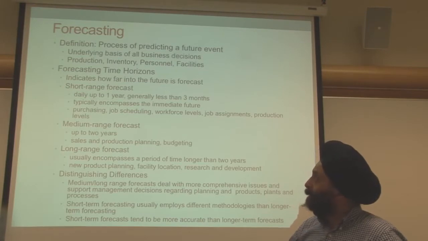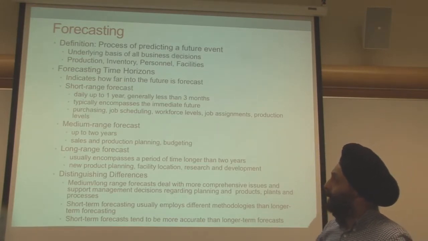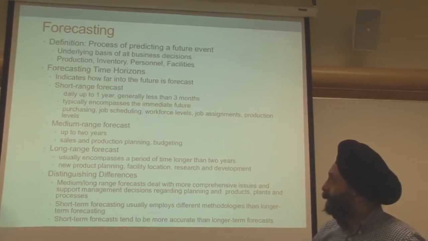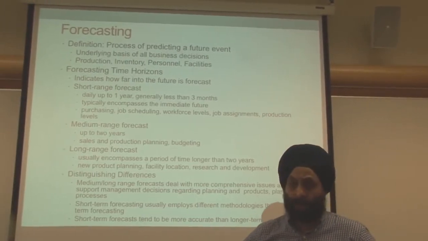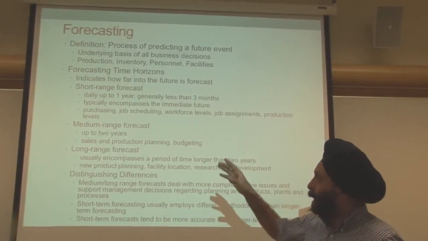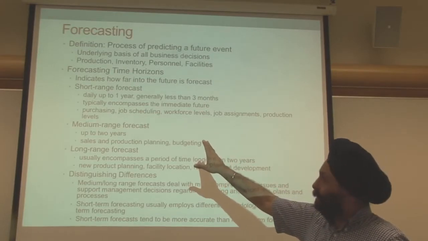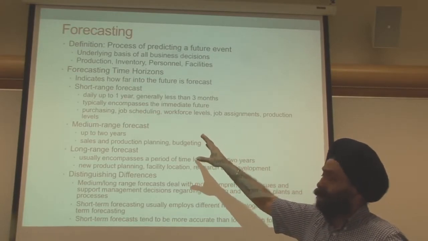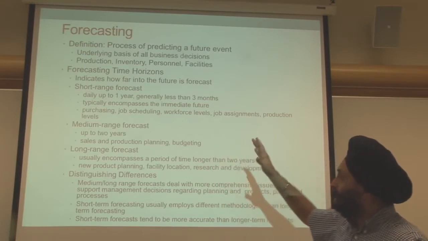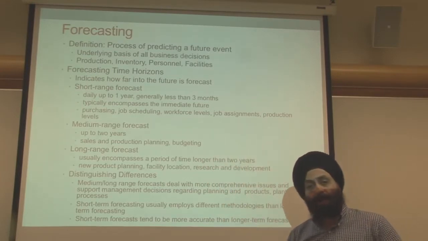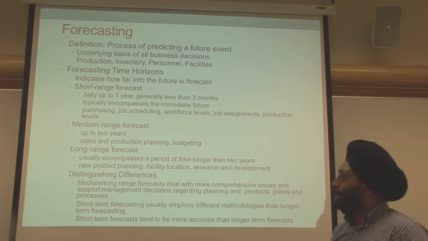Forecasting time horizons indicate how far in the future we typically forecast. In this case, it could be a short-range forecast, which is daily all the way up to 1 year. Generally, these types of forecasts are less than 3 months.